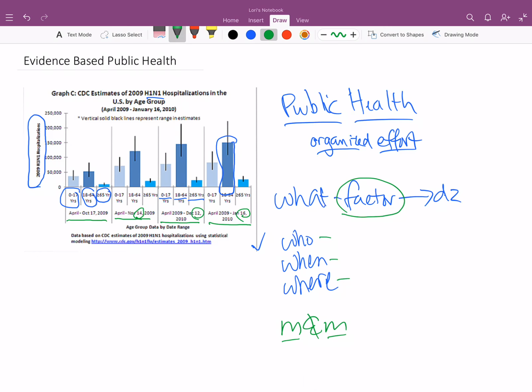And over the years, that has morphed into chronic diseases being equally or more important for public health to address. Quarantine, for example, doesn't typically work for a chronic disease. So the kinds of things that we do also need to change in public health if we're going to be effective in this organized effort to improve health.